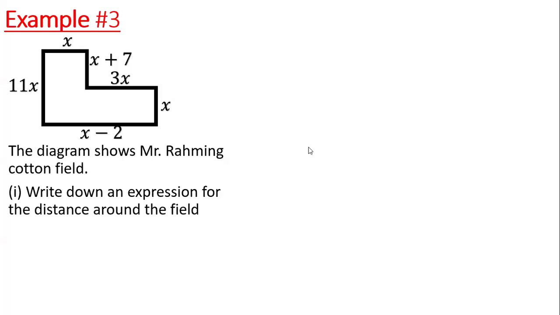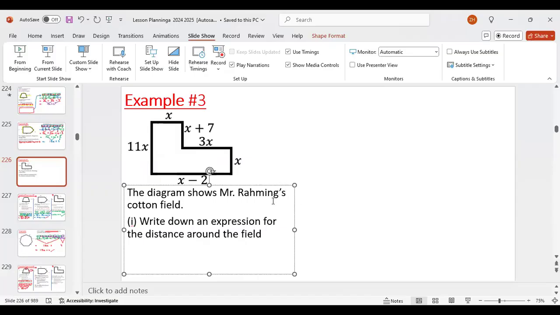All right. Yes, Dior, read the question for me, please. The diagram shows Mr. Ramming's cotton field. Write down an expression for the distance around the field. Very good. I know this is not English, but it'll be Mr. Ramming's possession, right? Okay, how many persons believe that their answer is correct?